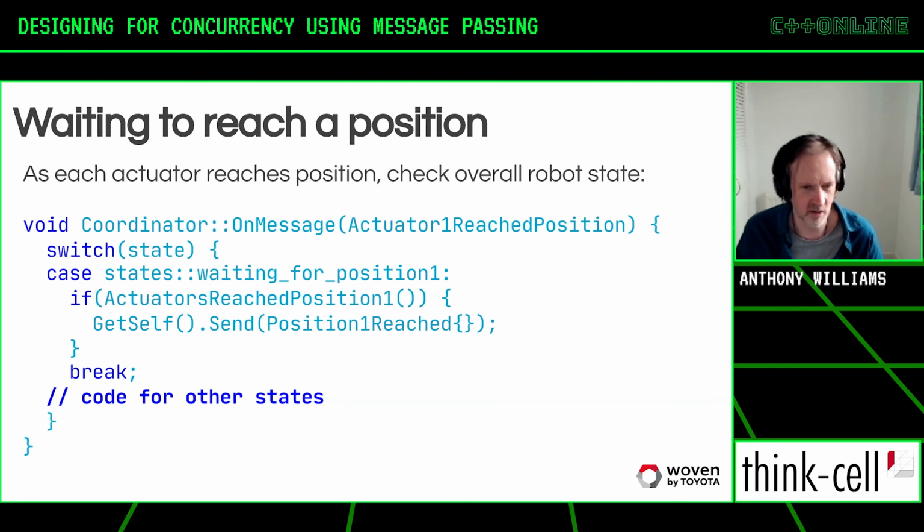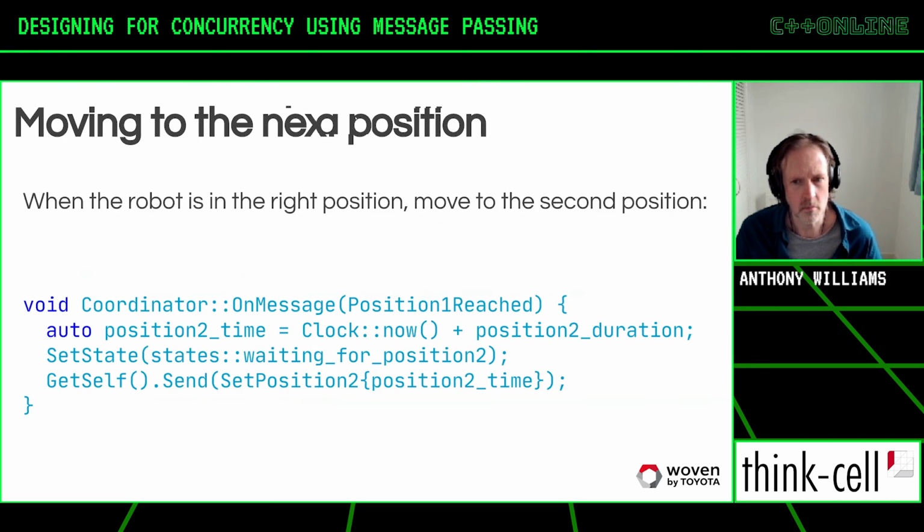And then, of course, there'll be other code for all the other states if we're waiting for position 2, waiting for position 3, etc. When all the actuators have reached the desired target, we get a position 1 reached message. Then we can send ourselves a request to move to position 2, which just repeats the same process of sending the actuators to the desired positions.